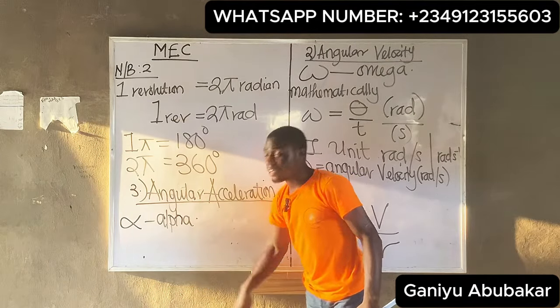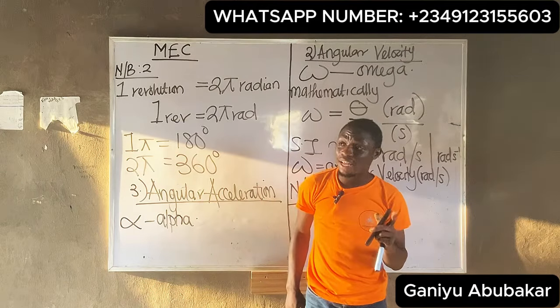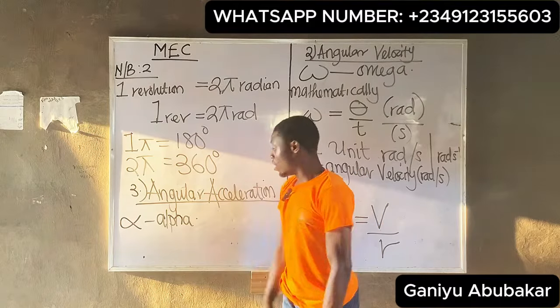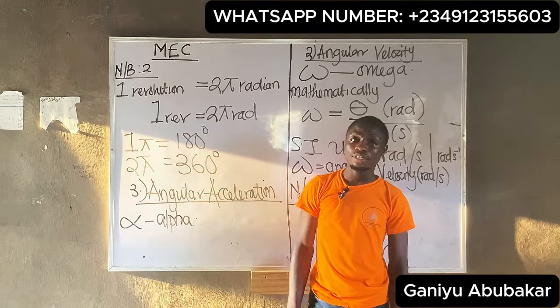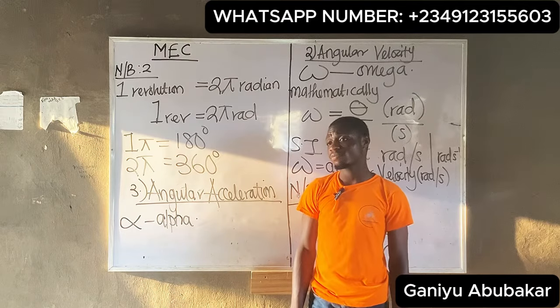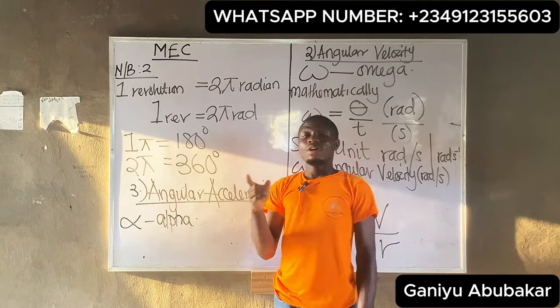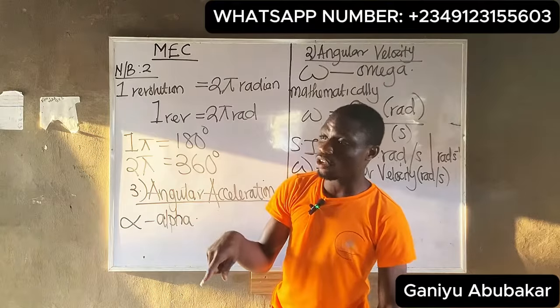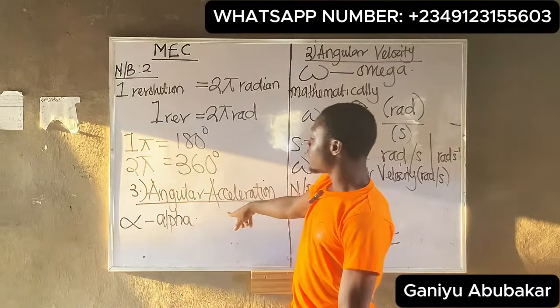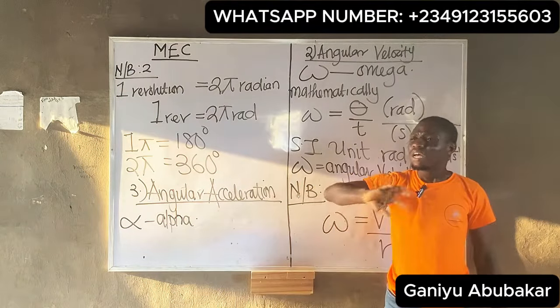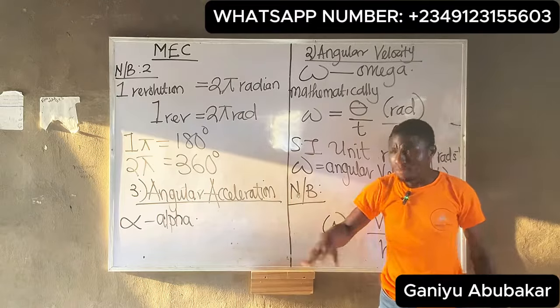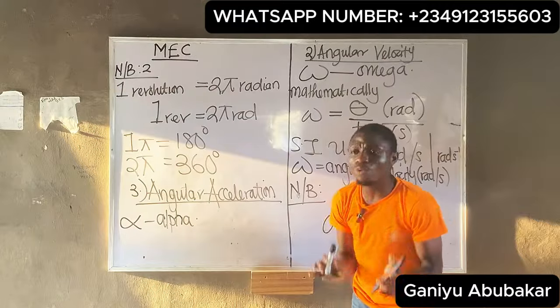Please, alpha is for angular what there? Theta is for what? Omega is for what? Let me know who is brilliant here.